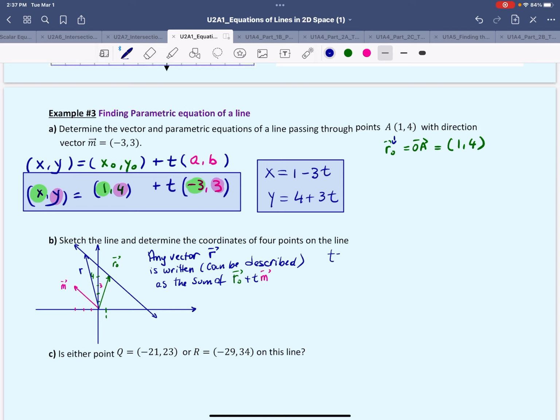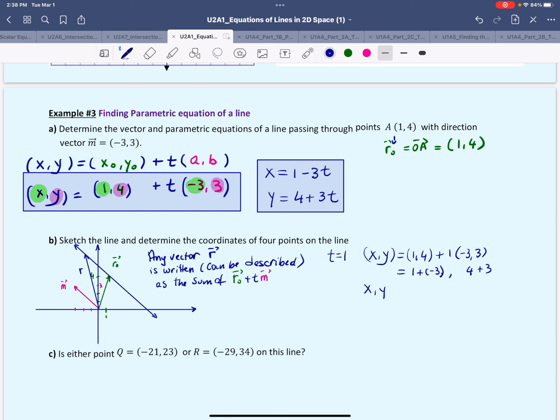So if t equals 1, then x and y will be at (1, 4) plus 1 times (-3, 3). So that will make it 1 plus -3 for x, and then for y, we'll have 4 plus 3.